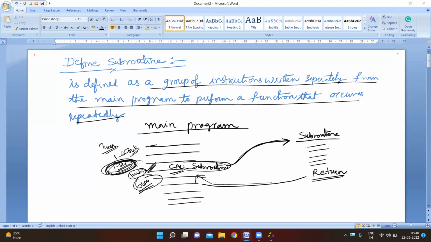Those are the push and pop instructions. So for better understanding of the subroutine concept, we should concentrate on the push and pop instructions, how they get executed when the call instruction is executed in a main program.